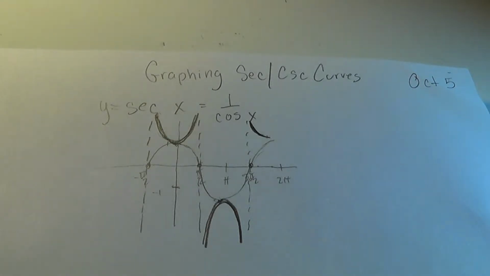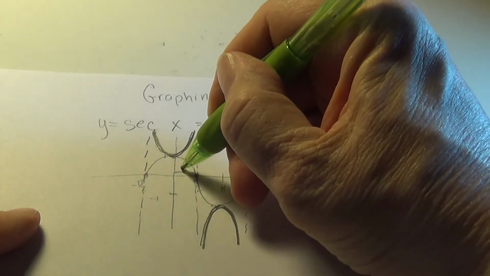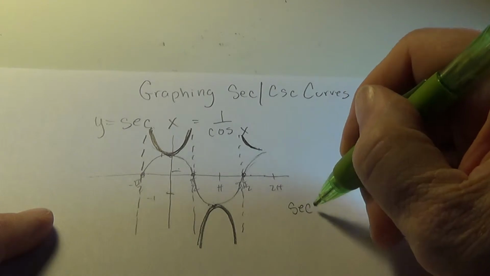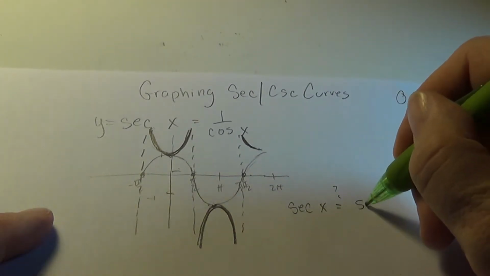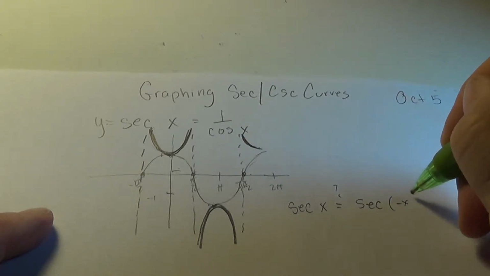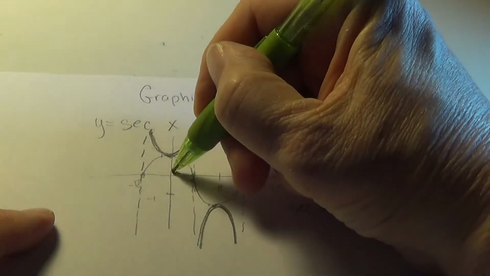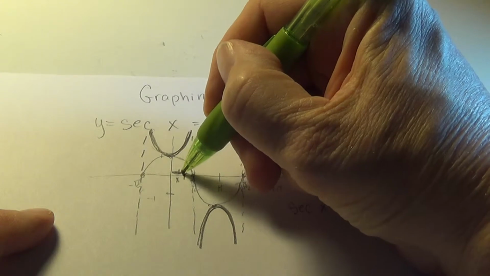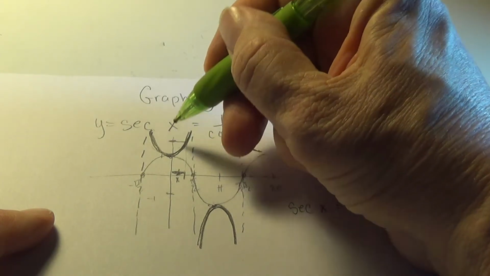And I was wondering, is it even or odd? So remember, looking at even or odd, we want to know if secant x is equal, question mark, to secant of minus x. I want to see if they're equal or if I have to make one side negative. So if I go out x, to evaluate the function at x, I go up and hit this value and read it right here.